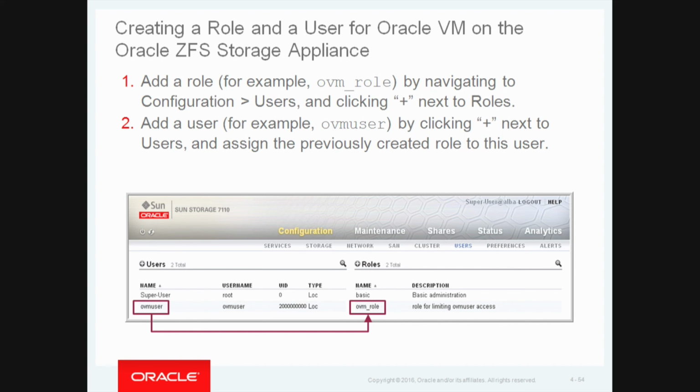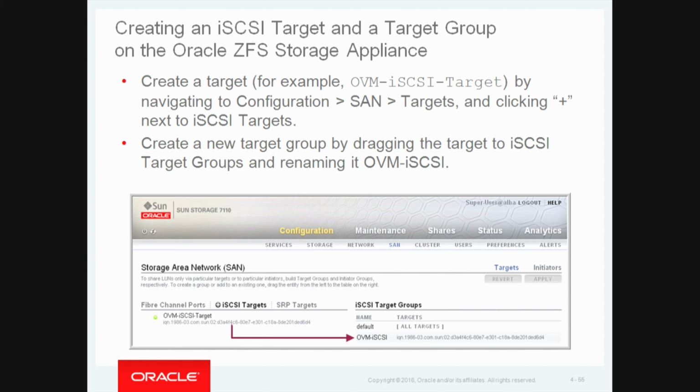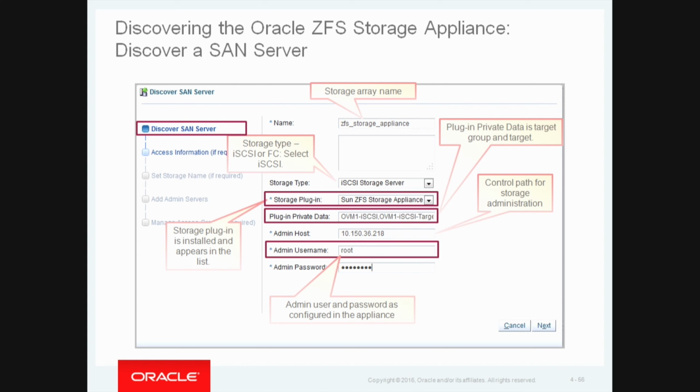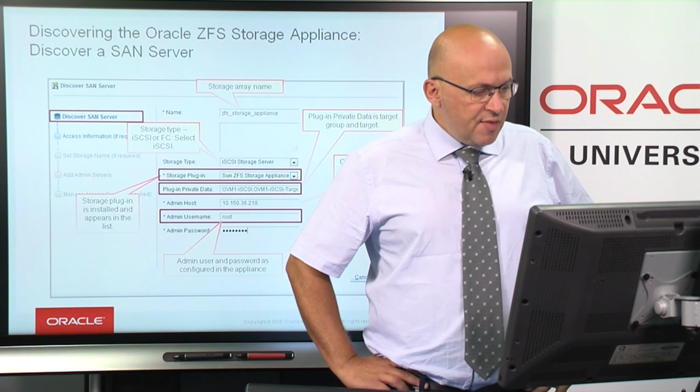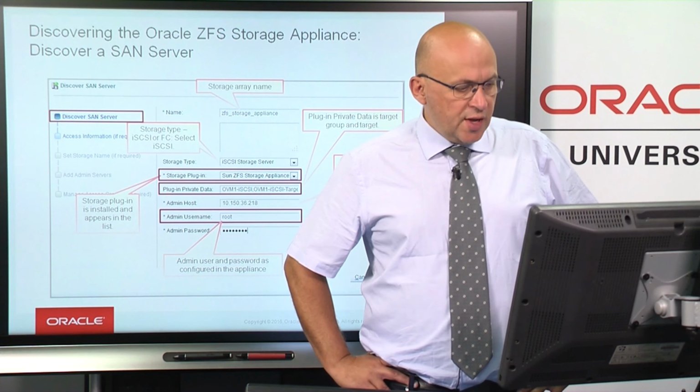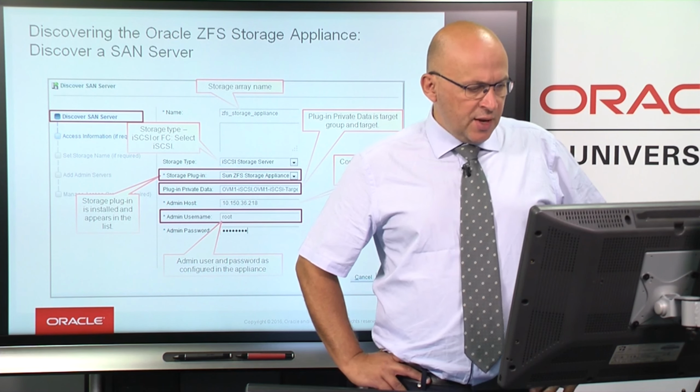So you have already created a user and associated configurations to have the correct access rights, and then you have to create SCSI targets and SCSI groups that will be exposed by the ZFS appliance through your discovery process. Because we are now using a vendor storage plugin that is already installed, you will see that there is a new entry called storage plugin, ZFS, SAN ZFS storage appliance.